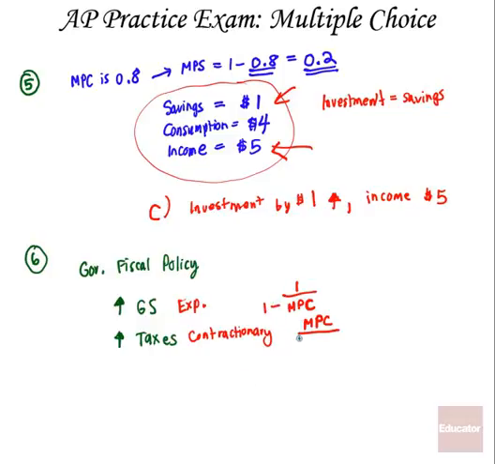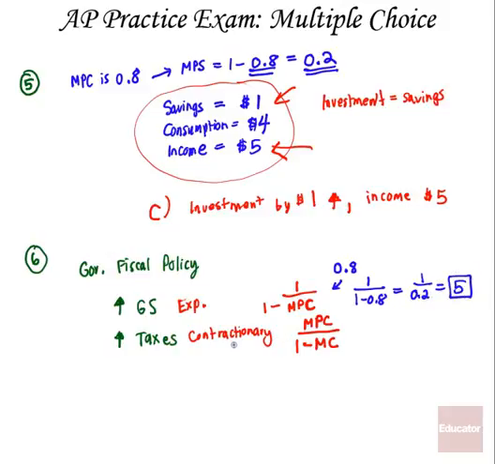The tax multiplier is negative MPC over 1 minus MPC. So let's say the marginal propensity to consume was 0.8. The multiplier here is 1 over 1 minus 0.8, which equals 1 over 0.2. So the multiplier is going to be 5.